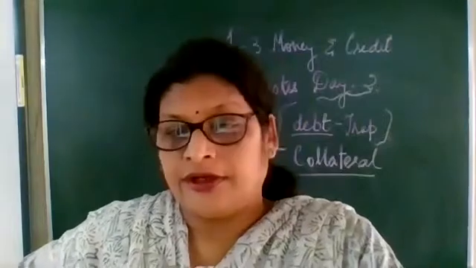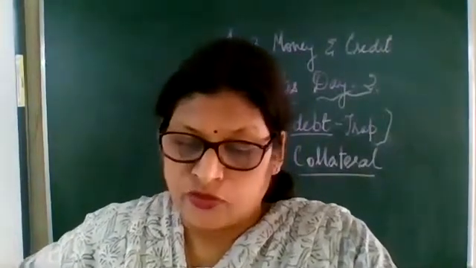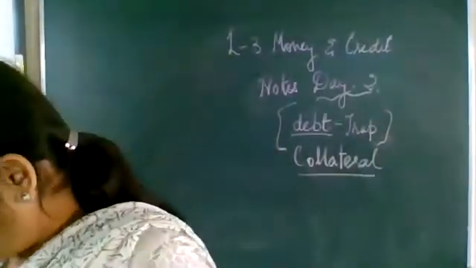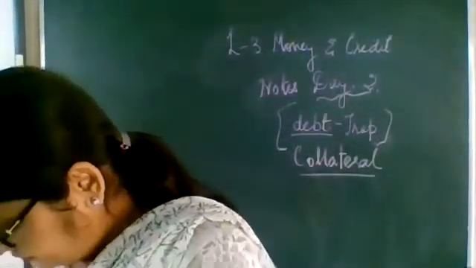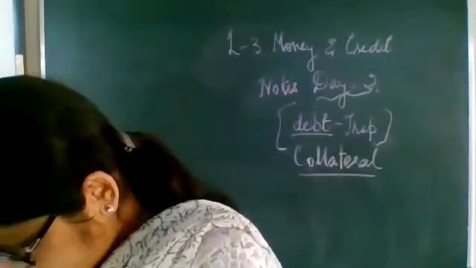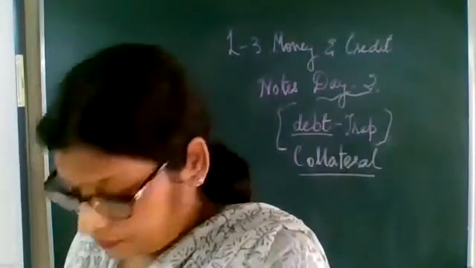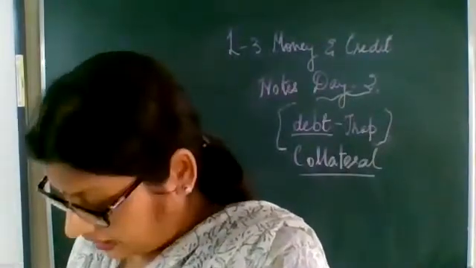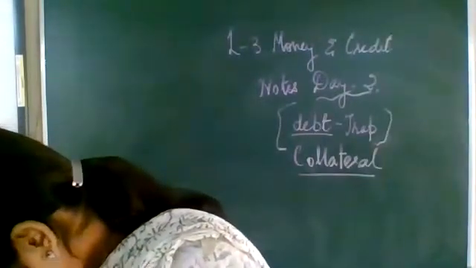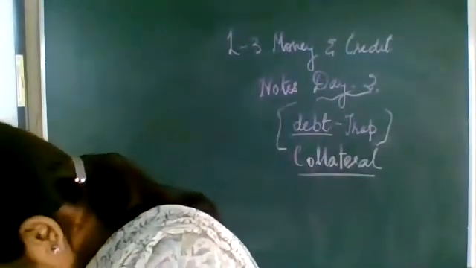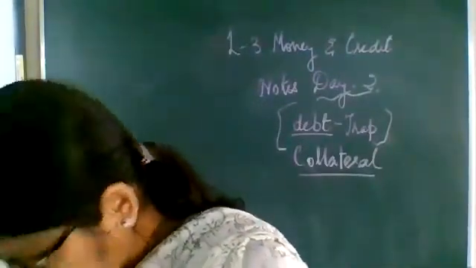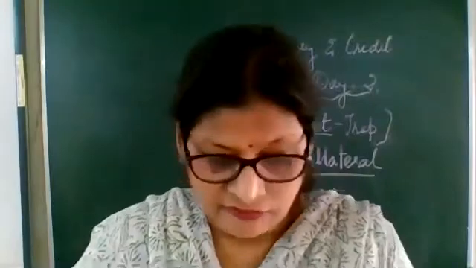First point, it includes banks and cooperatives. Put a dash, supervised by RBI. RBI, full stop.